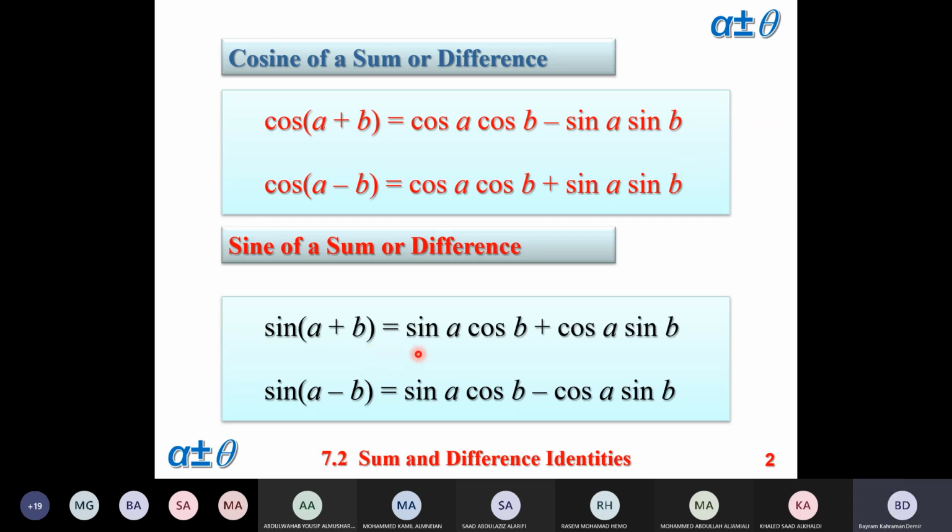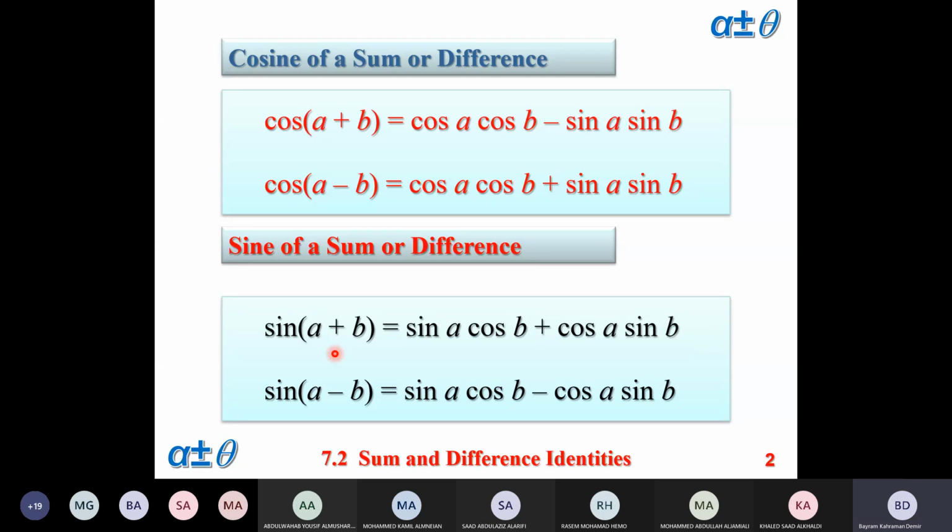But for the sine, we have alternating cosine: sine A, cosine B, and then cosine A, sine B. So we are switching A and B, right? Sine A, cosine B, plus cosine A, sine B. That is the formula for sine for the sum, and sine for the difference of angles.